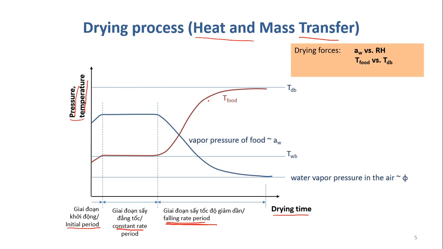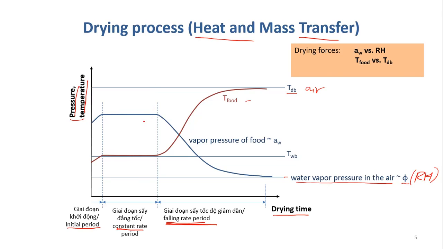Now we look. This line represents the dry bulb temperature of the drying air, and this line represents the water vapor pressure in the drying air. This is like the relative humidity of the air. So these two lines represent the drying air.